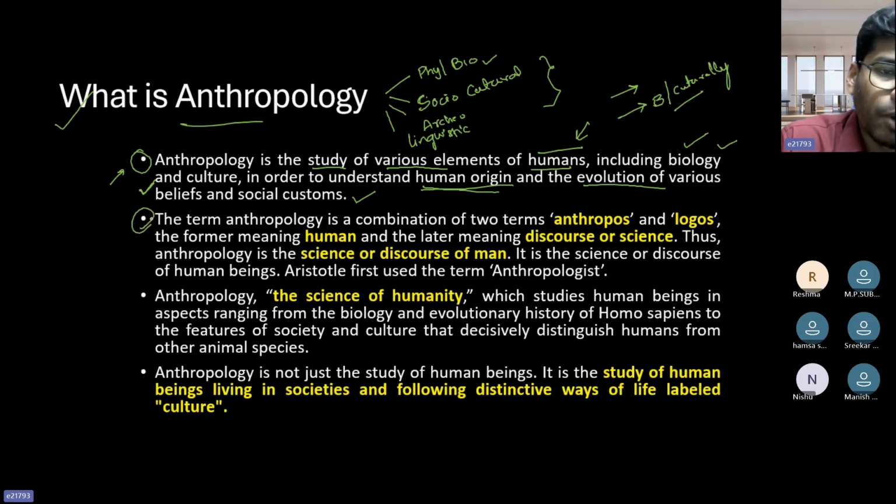When you're talking about the precise meaning of anthropology, it is the combination of two terms, anthropos and logos. Anthropos means humans, and logos means discourse or science. Combining the both, it is the science or discourse of man.